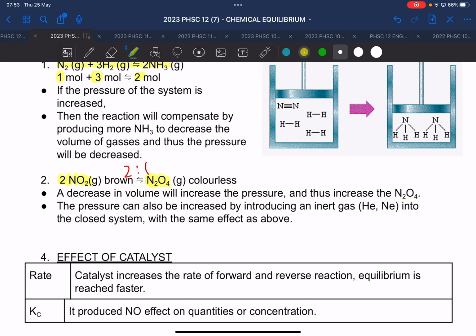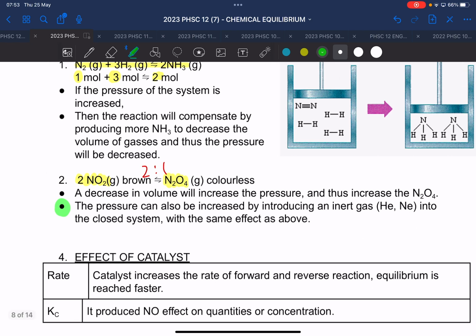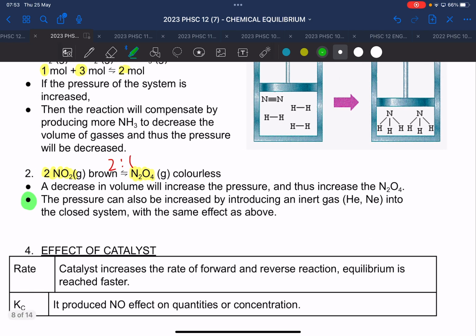And then an extra thing that we can do. Instead of changing the volume of the container, you can keep the size of the container the same, but introduce an inert gas. What is an inert gas?